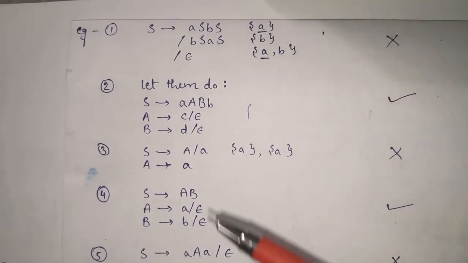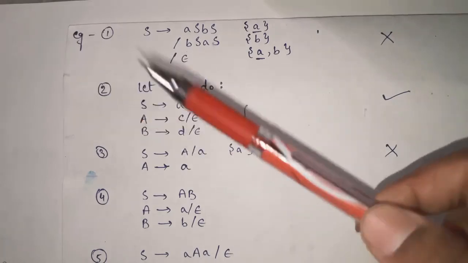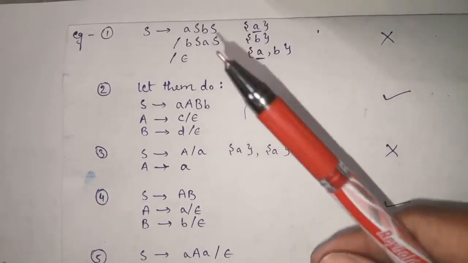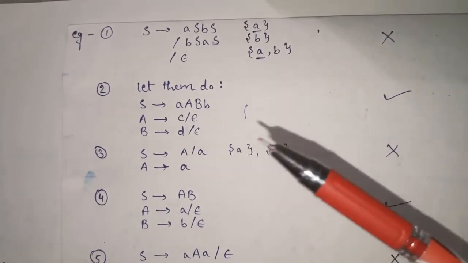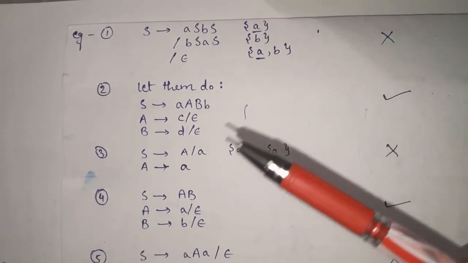First of all, this is our first example. The method remains the same, but in this shortcut we will find the first and follow whenever and whatever is required. We will not find them for each of the variables because that will be very time consuming.